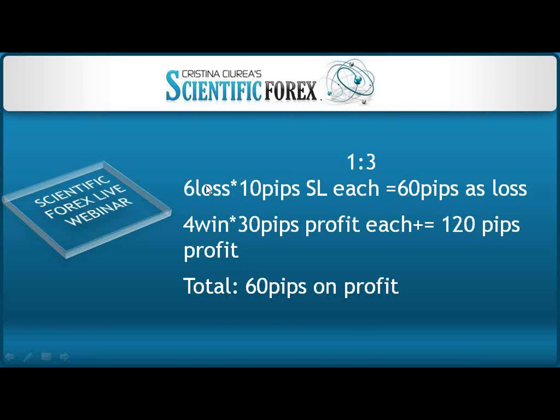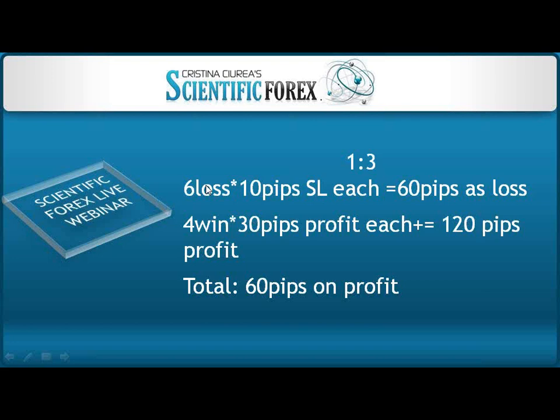So in that case, we consider that we make 10 trades, and from those 10 trades in a row, we have 6 losses and just 4 wins. Maybe it was a bad day, maybe the market is very nervous, maybe we don't have proper signals on the 5-minute chart.